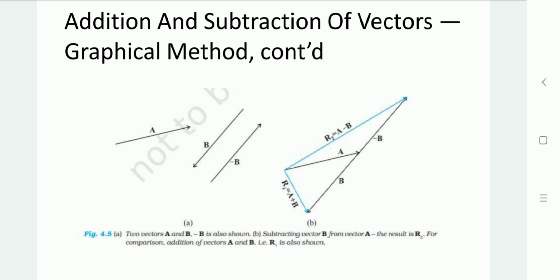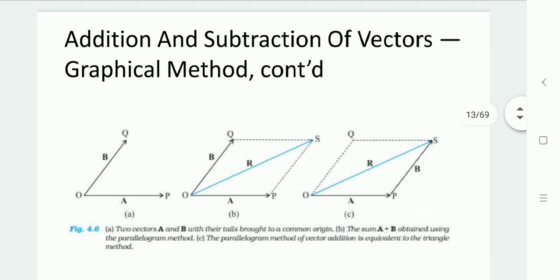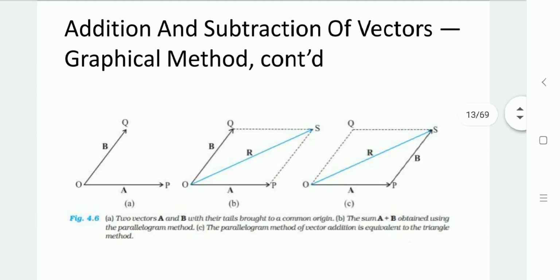Okay. Now, let us define the same mathematical operation with the parallelogram method. For the parallelogram method, let us connect the tail points of both the vectors at a common point.